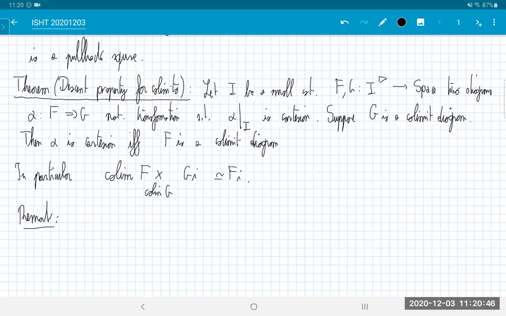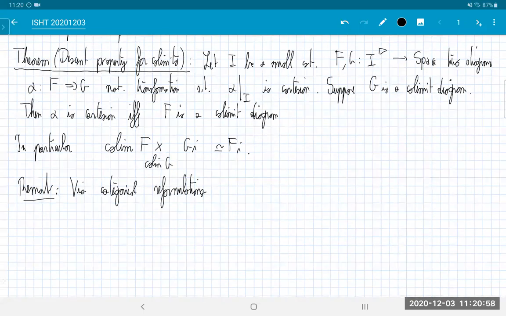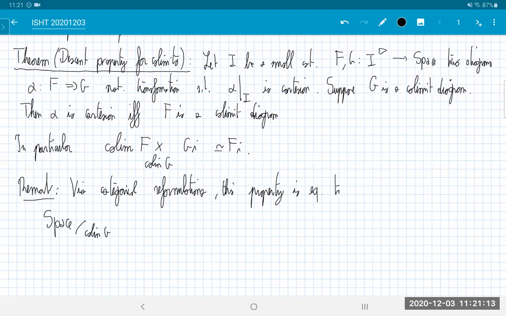So the first remark is that via categorical reformulations, which are not hard, but just a bit tedious, this property is equivalent to: spaces over the colimit of G is equivalent to the limit over I of spaces over G_i.